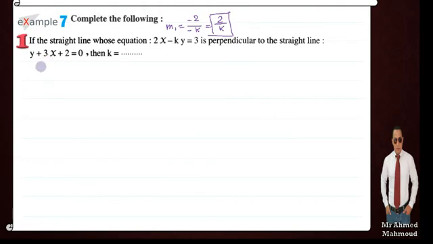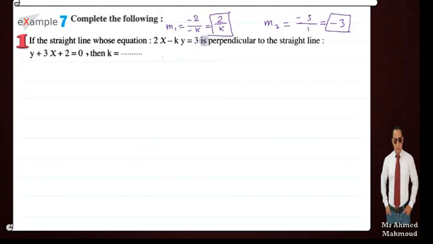m2 equals negative a over b. Here a equals 3, b equals 1. Then m2 equals negative 3 over 1, which is negative 3.